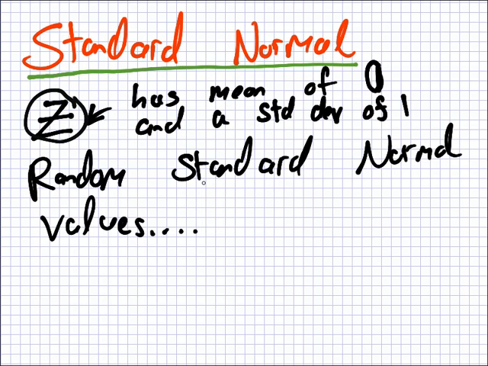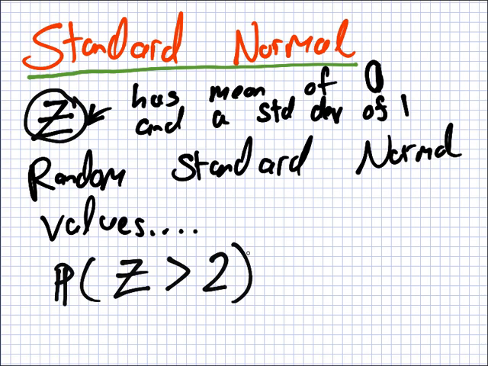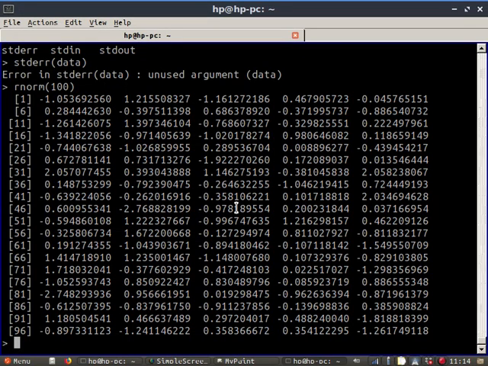So you might ask a question like this: what is the probability that our Z value will be bigger than 2? I can get a rough idea from this sample here. How many of these numbers were bigger than 2? Now, these are minus 2s.